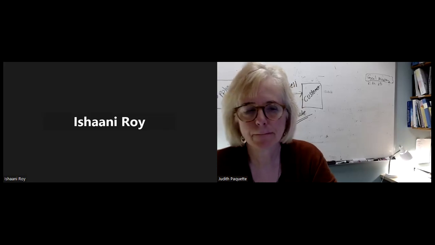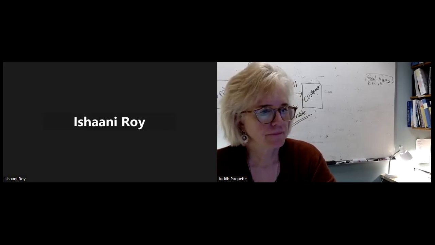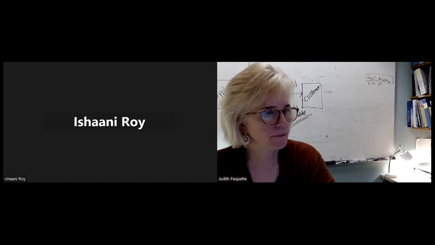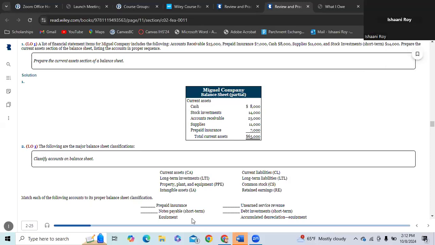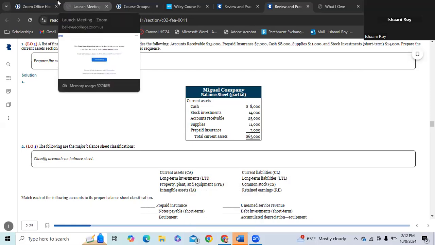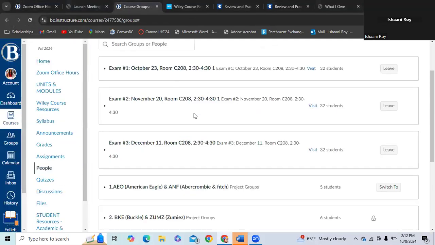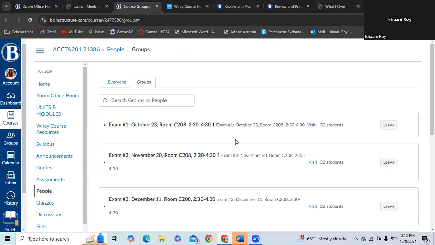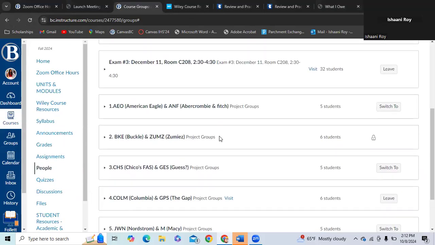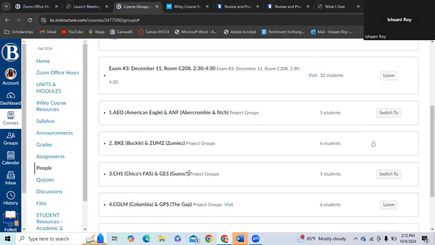Okay, what do I share screen? I had a bunch of stuff open, but there it is. And then I was in this group.